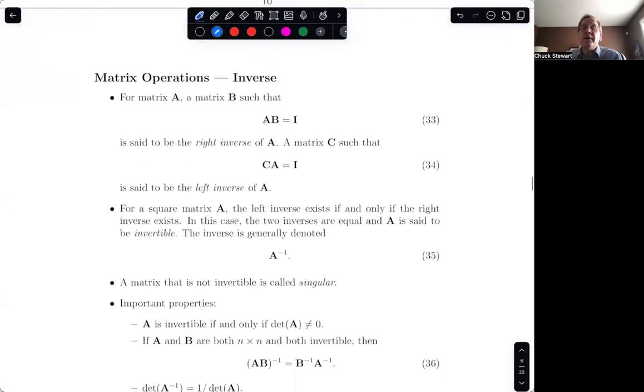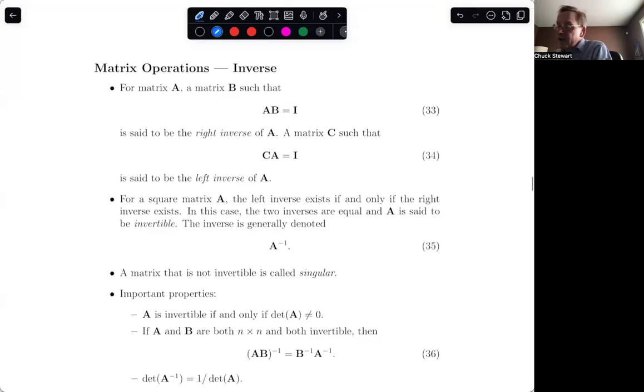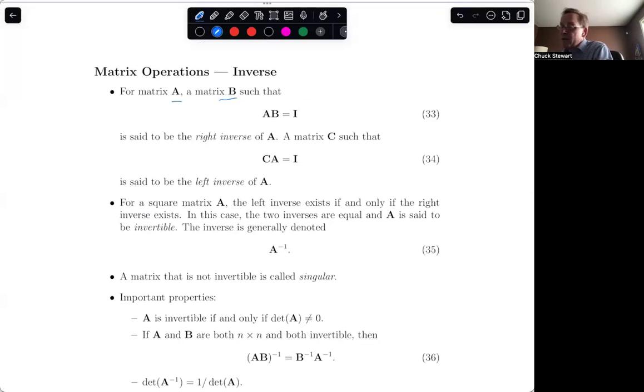So then we have another very important property called the inverse. Again, this should be review, but it's basically if A and B are matrices, and at this point we're not going to make them square, such that AB equals I, then B is said to be the right inverse of A, and if there's another matrix C such that CA is the identity, then C is the left inverse of A. So for square matrices, we have this very important property of the left and right inverse if they exist.